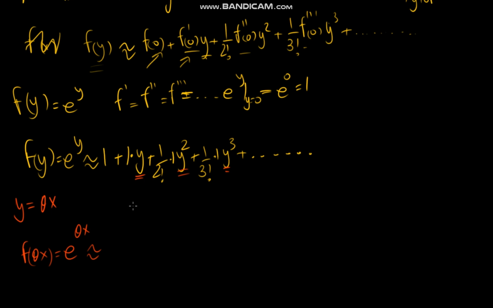According to Taylor, it will be approximately 1 plus 1 times y, but y is theta x, plus 1 over 2 factorial times 1 times y squared, which is theta x squared, plus 1 over 3 factorial times 1 times y cubed, which is theta x cubed, and so on. Now you know why I didn't want to use the x in the first place, because I wanted to use it now.